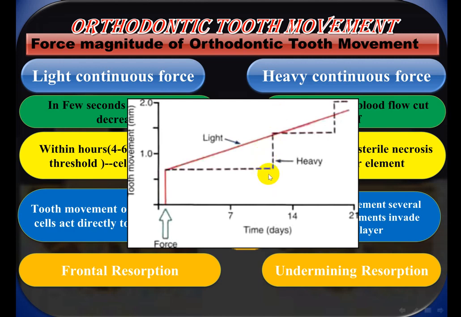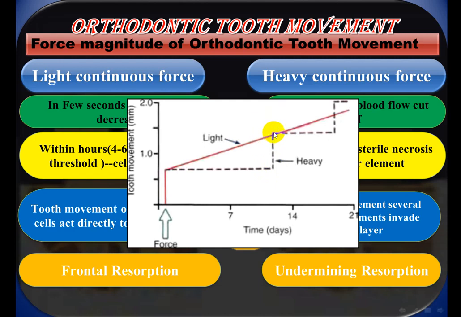Then, after the undermining resorption and removal of the bone, the tooth will jump suddenly a few millimeters, or a part of a millimeter, from its original position to a new position, with pain, as I mentioned previously.